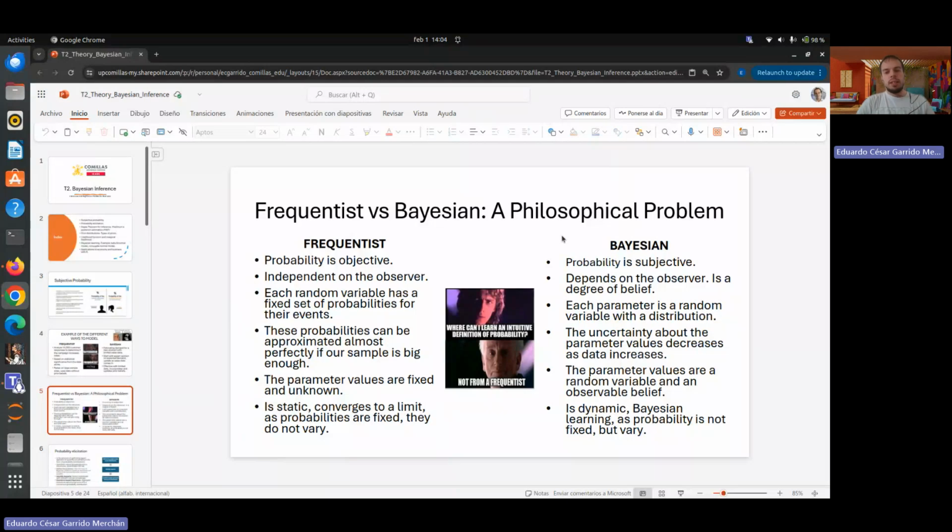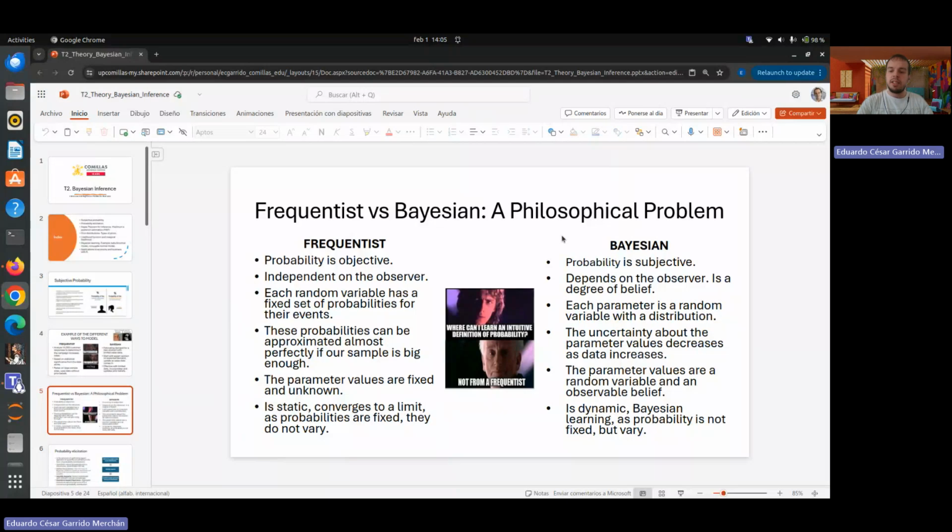Okay, what is the main difference? It's a philosophical difference. Frequentists regard probability as something objective, something that exists over there. A number, okay? For example, the probability of raining today is 80%, and this is the truth. The Bayesians, on the other hand, think about probability as something subjective, something that is dependent on the observer.